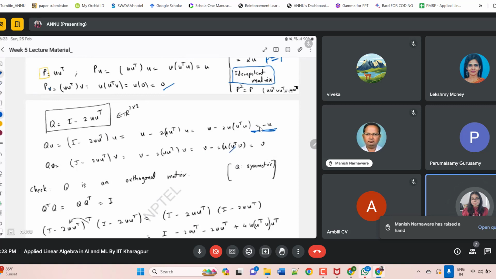This U transpose V is 0, so you get V, and U transpose U is 1, so Q of U is minus U. So this is what we want, right?